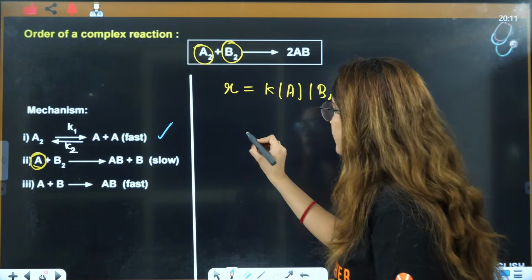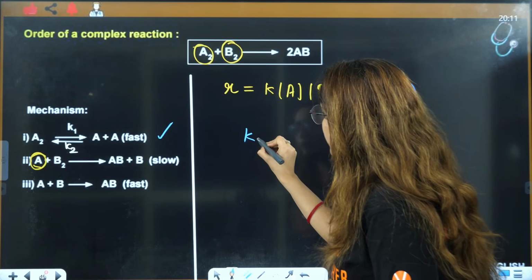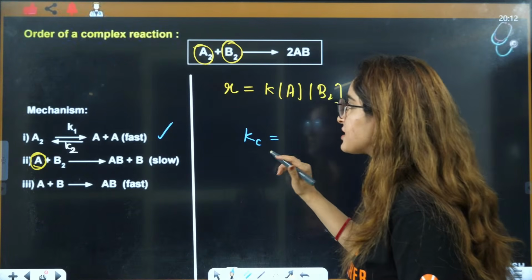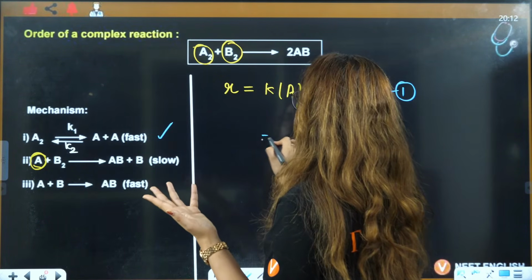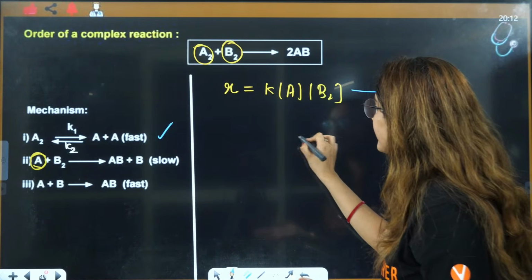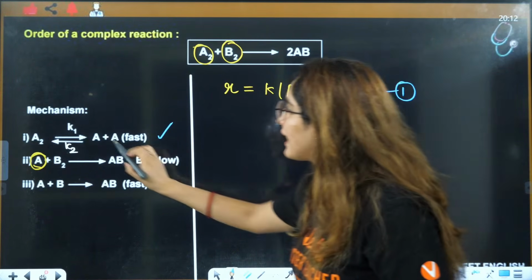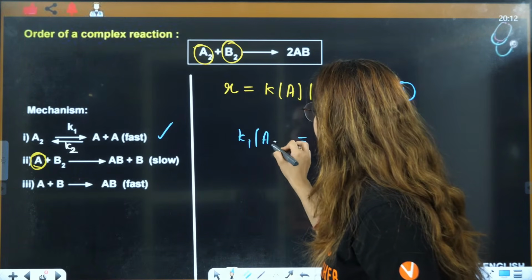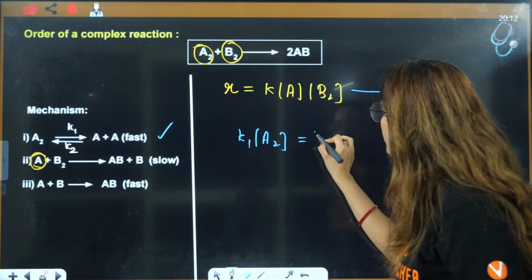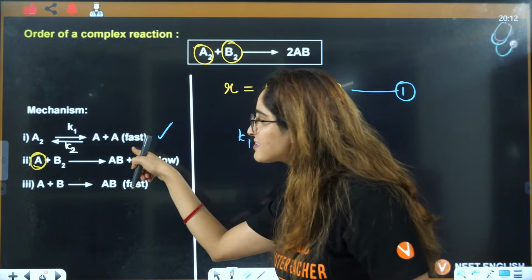So we will write the equilibrium constant, Kc, and you can write it in two ways: K1 multiplied by the reactant side, A2, equals K2 multiplied by its reactant side. For the forward reaction the reactant is A2.